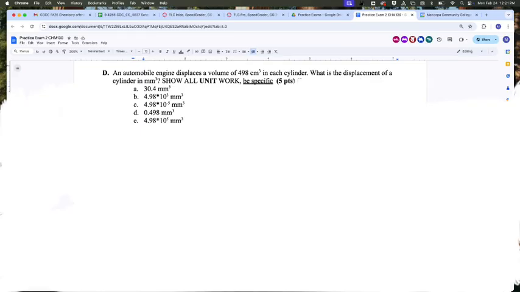Do we need to know what millimeter is? Actually, we need to know centimeter and millimeter, don't we? Oh, God. Wait, no, a centimeter and millimeter. That's not that bad. I know that one.